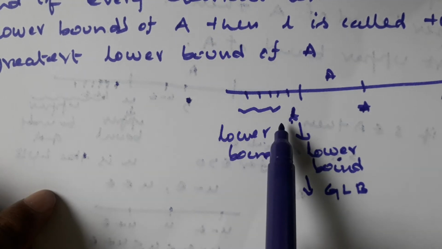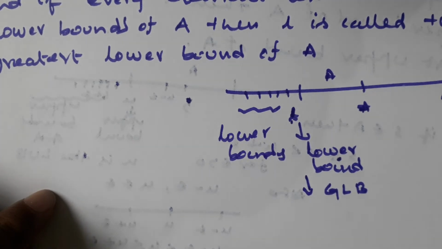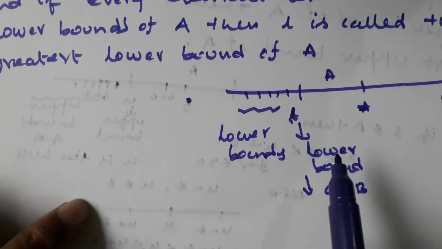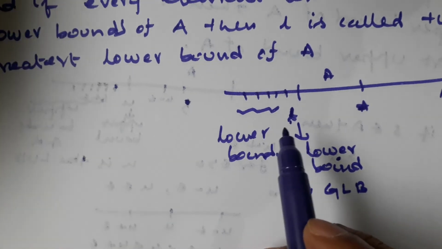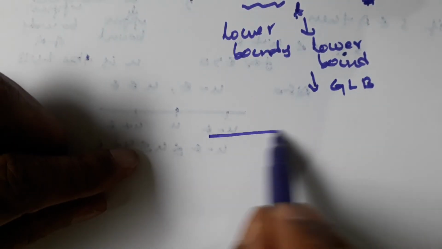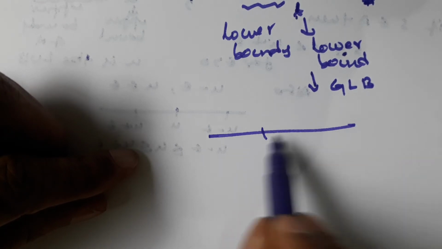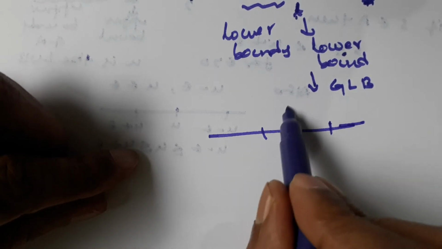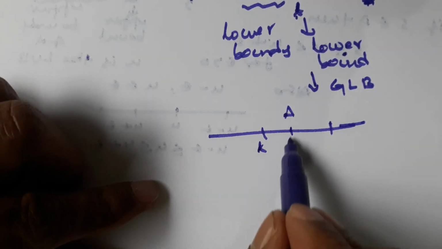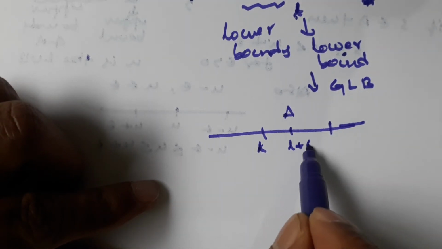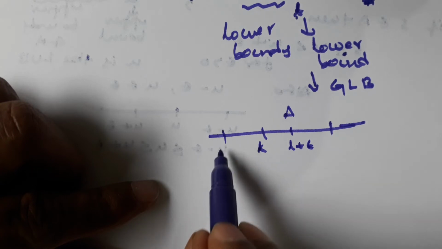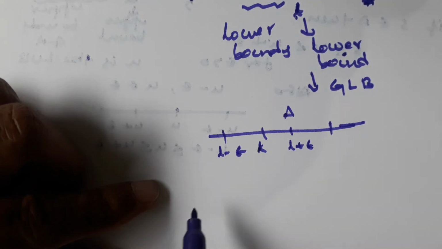Among all the lower bounds, l is the greatest lower bound. So that is how we define it. Whenever we take an element here, this is the set A and this is l, and this side is l plus epsilon and this side is l minus epsilon.